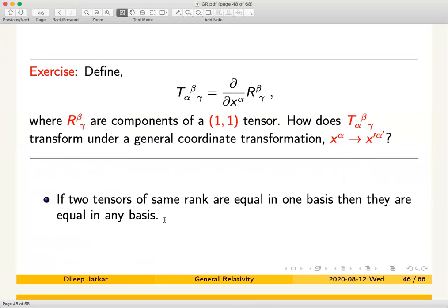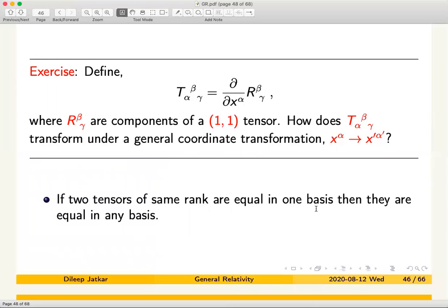So if you have two tensors of the same rank and they are equal in any choice of basis, then they would be equal in any other basis. That is one good property, and this is guaranteed because of the homogeneous transformation properties of tensors: if they are the same in one coordinate system or in one choice of basis, then they would be the same in all other choices of basis.